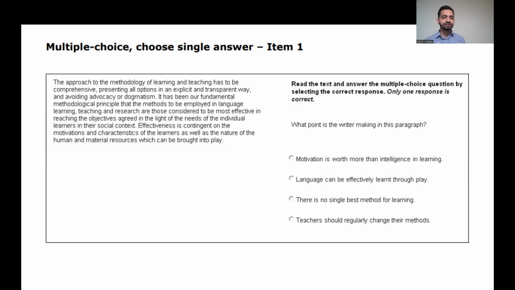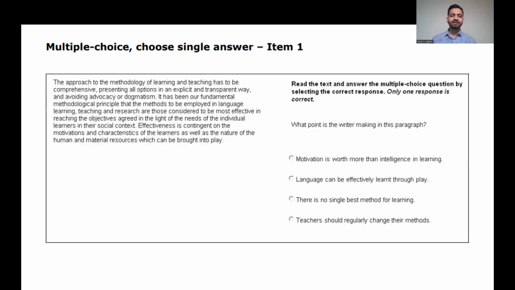If it doesn't make sense, I will eliminate the options that are either not here in the paragraph or are incorrect. The approach to methodology of learning and teaching has to be comprehensive, presenting all options in an explicit and transparent way.